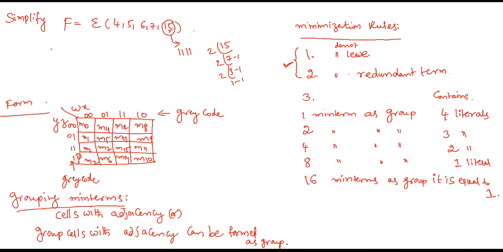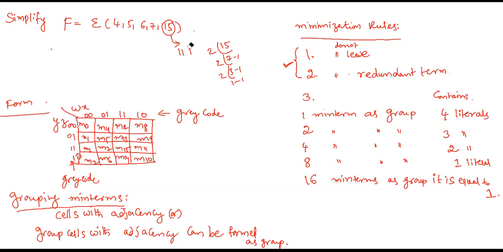Okay. So look for the bigger number, how many bits it is taking. If it is taking 2 bits, that is a 2 variable function. If it is taking 3 bits, it is a 3 variable function. If it is taking 4 bits, it is a 4 variable function.